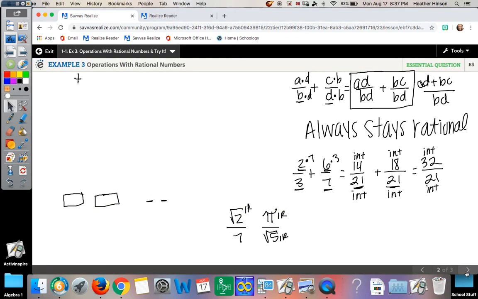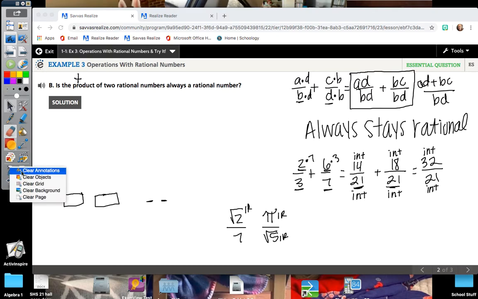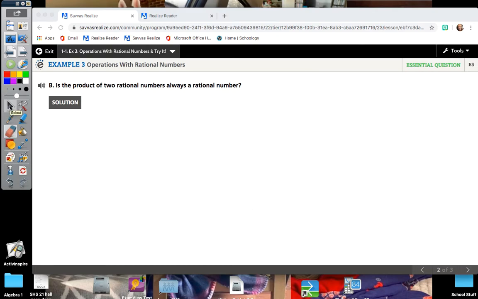Okay, so let's look at B. Is the product of a rational times a rational always rational? Product means multiplication. So if I take those same fractions, you can do the letters if you want to, or if you want to stick with numbers, you can do that. But again, rationals are going to be your fractions.